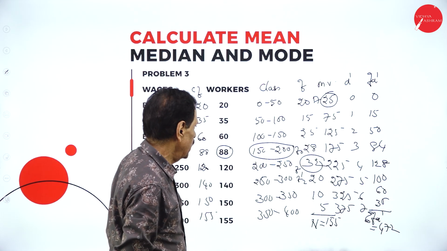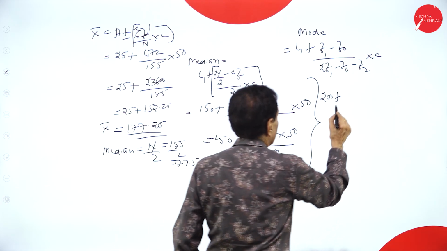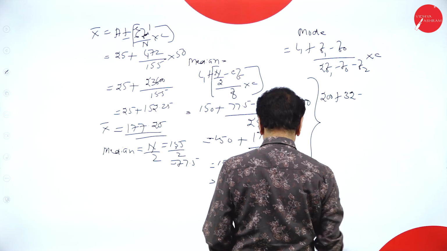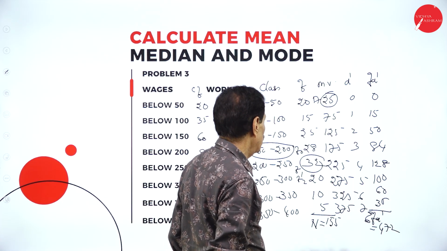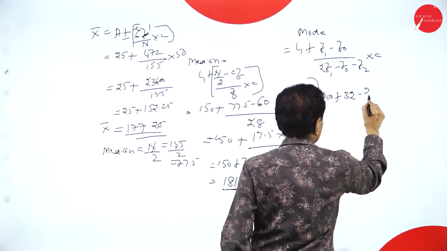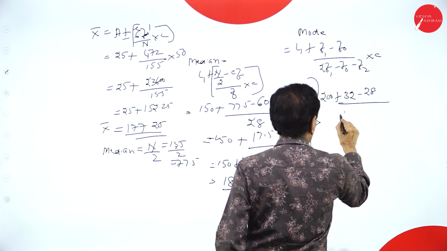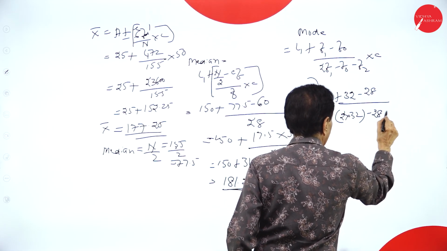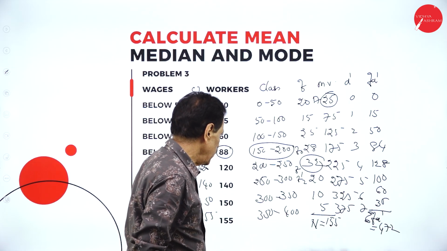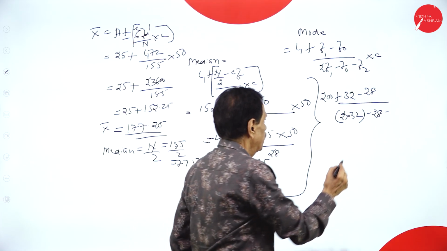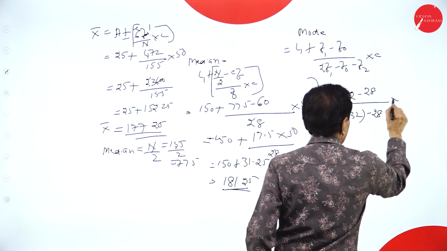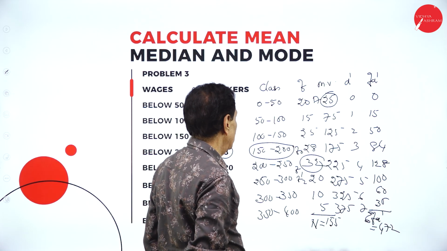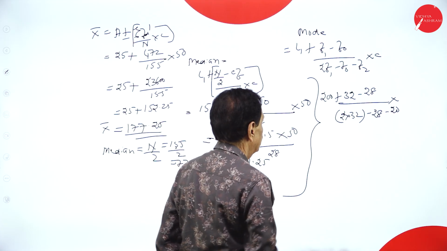What's your F1? 32 minus, behind number is 28, divided by 2 into 32 minus 28. Your F2 is 20, into your class interval is 50.